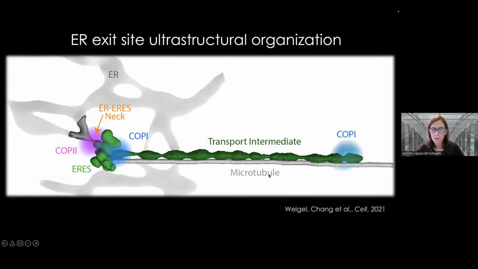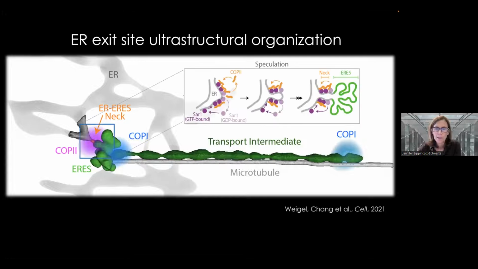But basically in this paper in 2021, we were able to provide data that is consistent with the COP2 coat potentially being at this neck region, stabilizing that neck, and COP1 working more peripherally to fine tune this whole transport intermediate, ultimately potentially retrieving things back, streamlining this through some type of retrieval pathway.